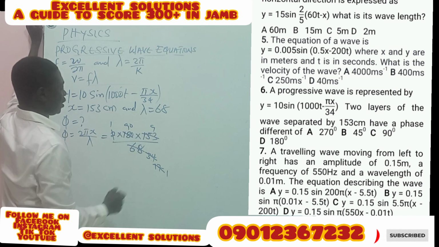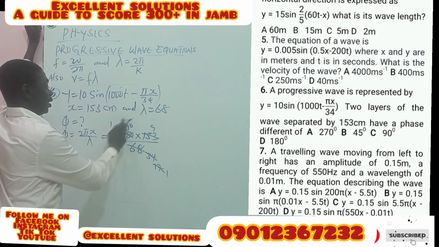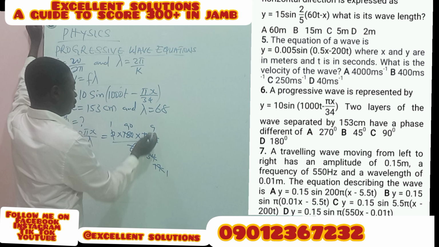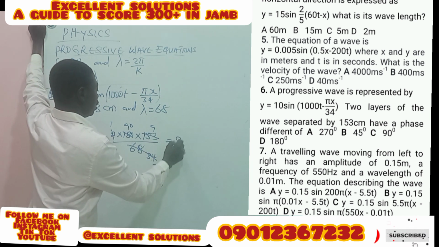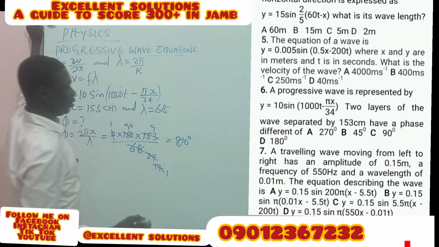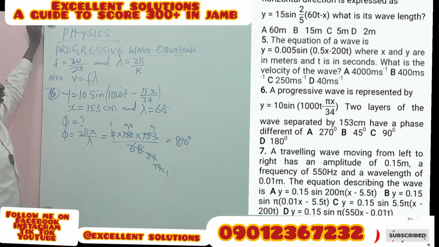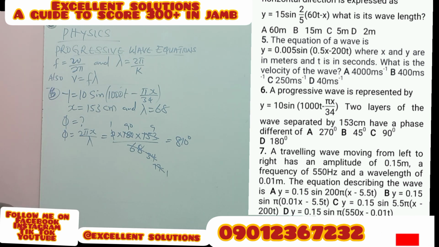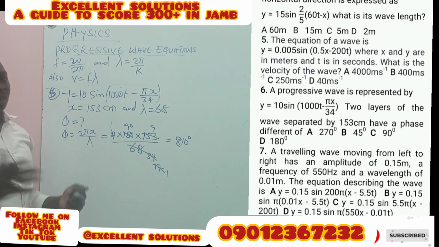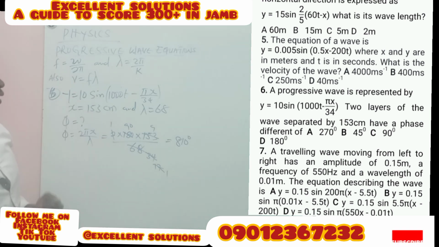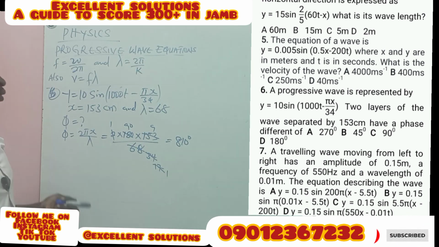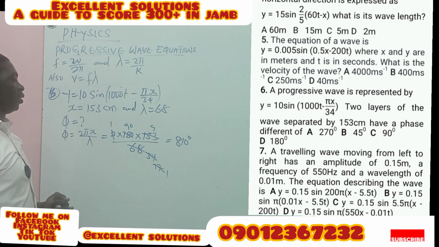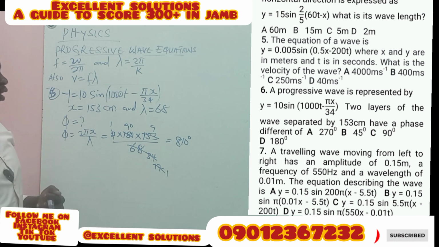So 9 times 90 is equal to 810 degrees. This 810 degrees, if you replace the value, is the same as sine 900 minus 810, which is the same as 90 degrees.